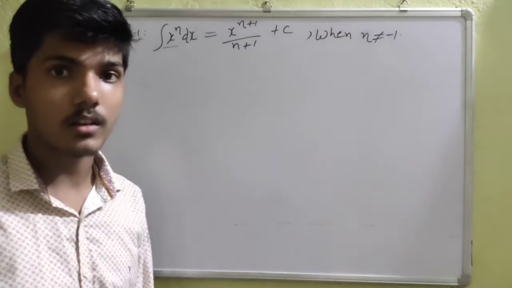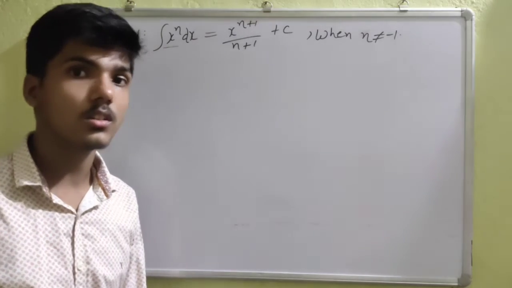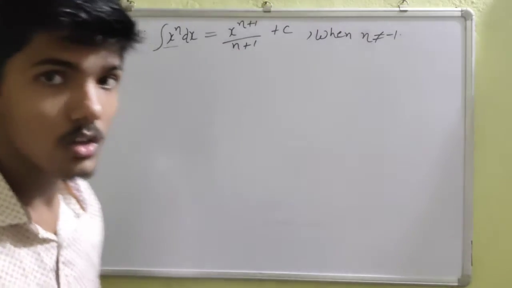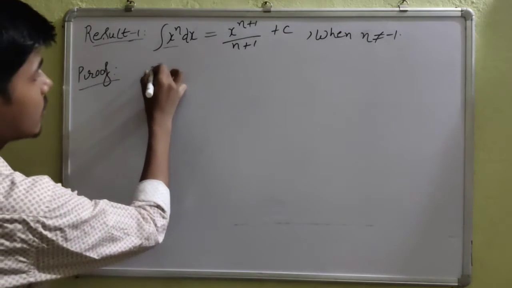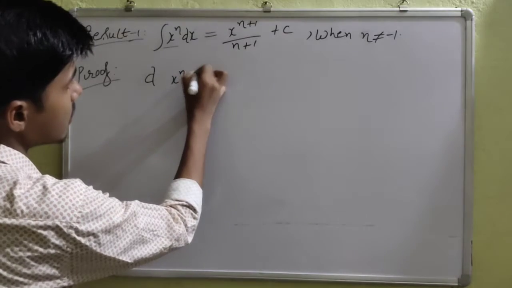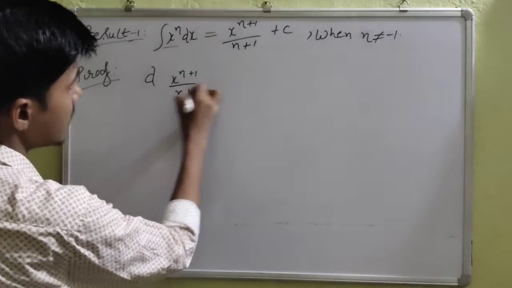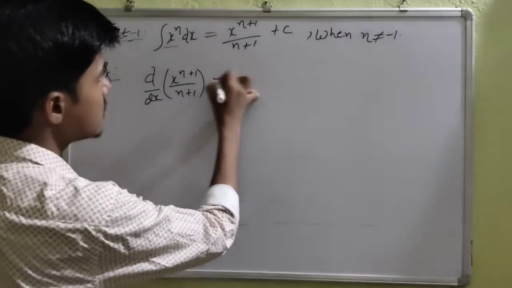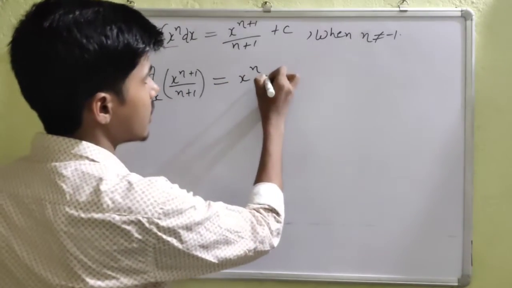As we know, differentiation is the inverse of integration and integration is the inverse of differentiation, so differentiation of x to the power n plus 1 divided by n plus 1 with respect to x is equal to x to the power n.